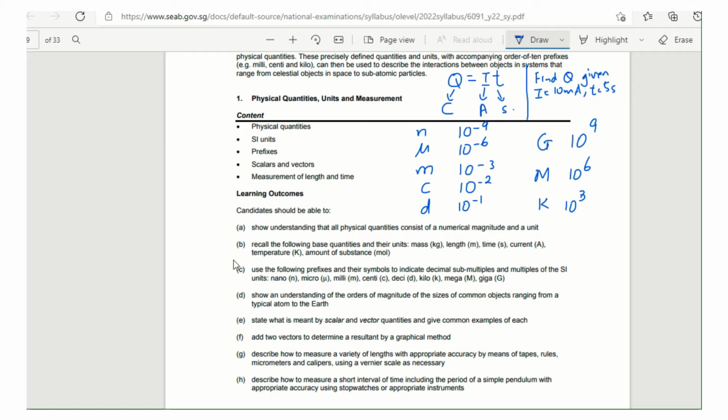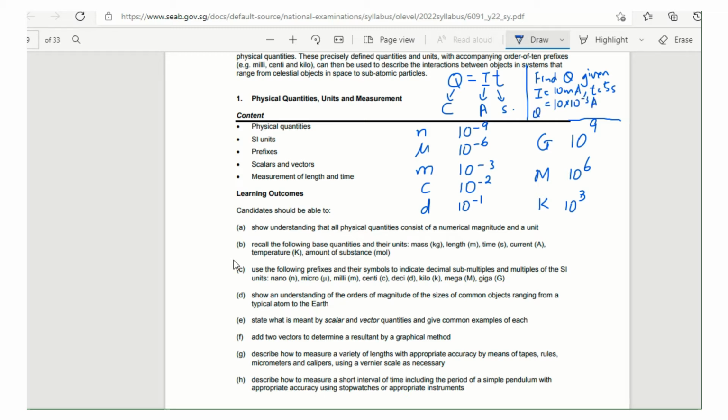In order to find charge in coulombs, I need to change current to ampere. To do so, I need to make use of my knowledge of these prefixes and what they represent. Since current is equal to 10 milliampere, and milli refers to 10 to the power of minus 3, I know that I is equal to 10 times 10 to the power of minus 3 ampere.